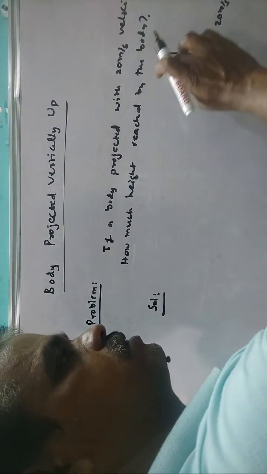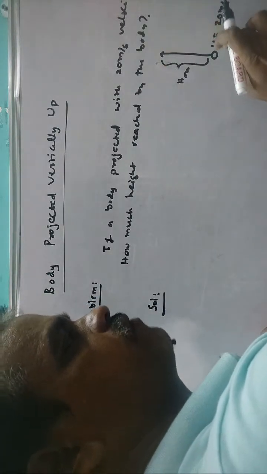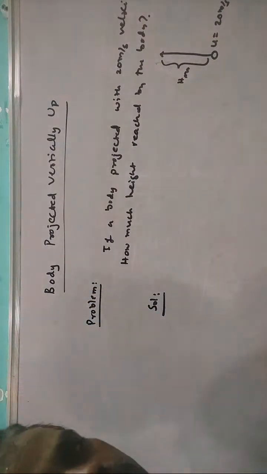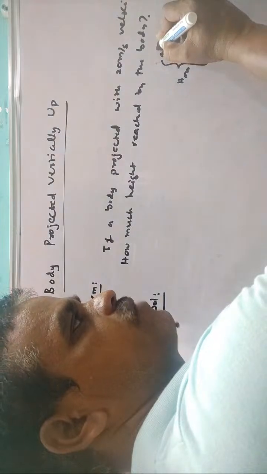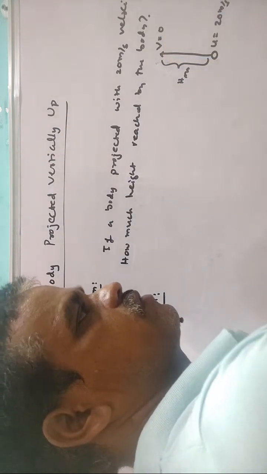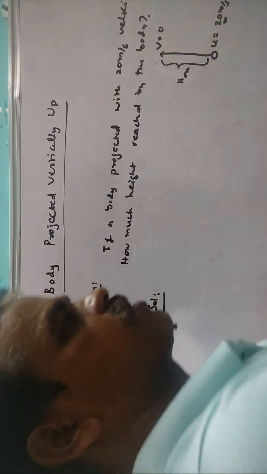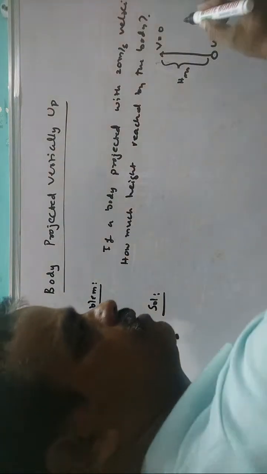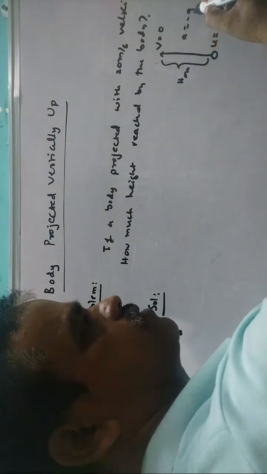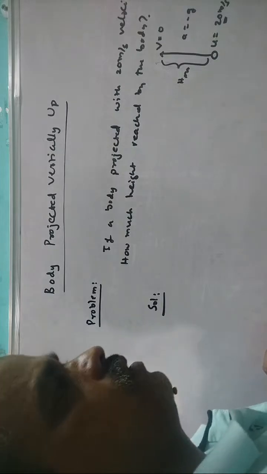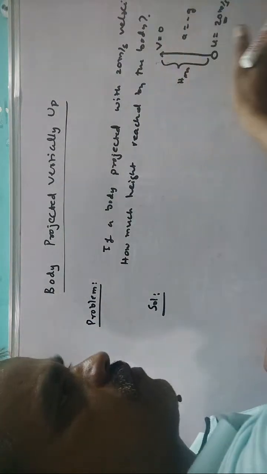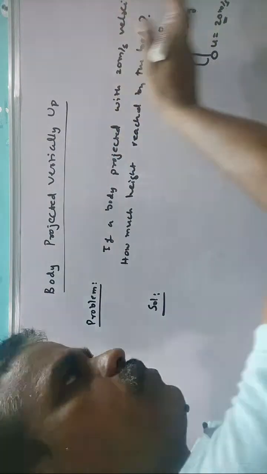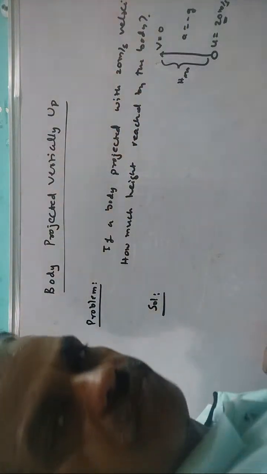How much maximum height is reached by the body when we project with 20 meter per second? At maximum height, final velocity is equal to 0, but initial velocity is 20 meter per second. In this case, a equal to minus g. We just need to calculate the distance traveled by the body when projected vertically up with 20 meter per second.